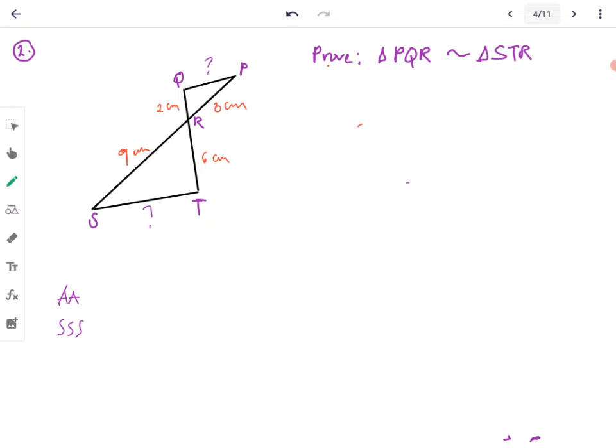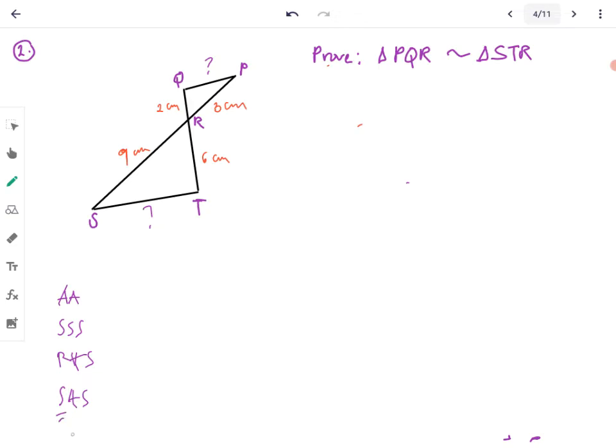There are no indicators that we can compare them. We're going to look at RHS. We cannot use it either because these are not right triangles. Therefore, we are left with SAS.